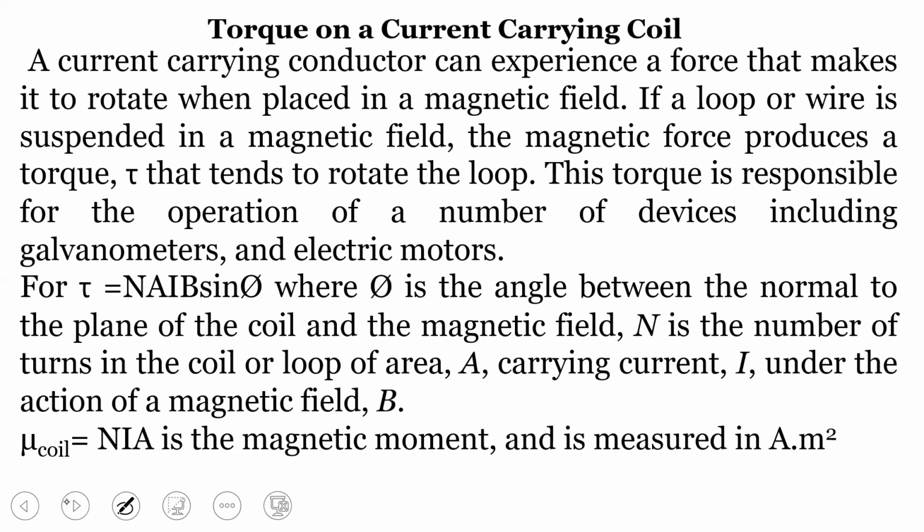For torque, tau is equal to NAIB sine phi, where phi is the angle between the normal of the plane of the coil and the magnetic field. So what this is telling us is that we can as well say it's something like NAI cross B, and we call it torque.